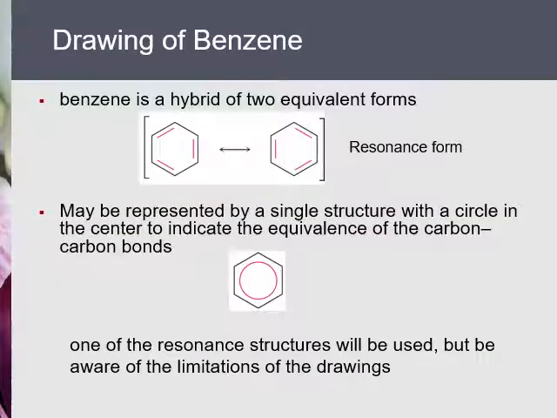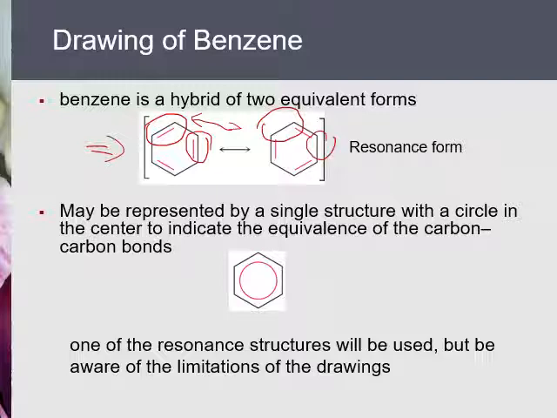Let's look at the two resonance forms. The first form tells us that here you have a double bond, but the second structure tells us the same bond is actually a single bond, and therefore the real bond is between a double bond and a single bond. Similarly, this vertical bond is a double bond, but the second structure says it's a single bond.